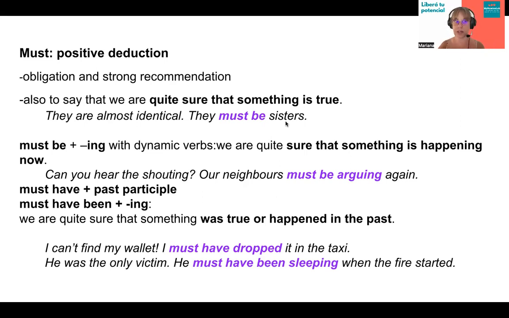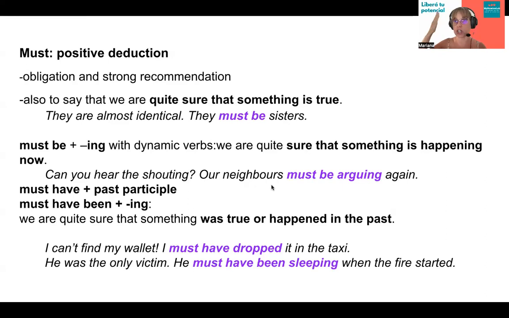And you could also use must with a continuous form after it with dynamic verbs, when you're quite sure that something is happening at the moment of speaking, like for example, can you hear the shouting? Our neighbors must be arguing again.